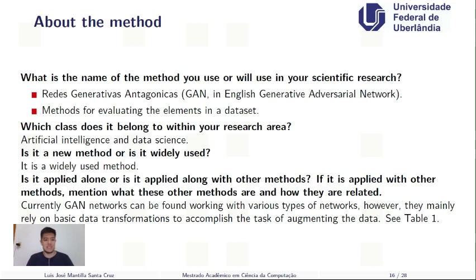Well, does it fly alone or is it applied along with other methods? Well, GANs are currently applied with other methods, and we also have many papers that use GANs alone.